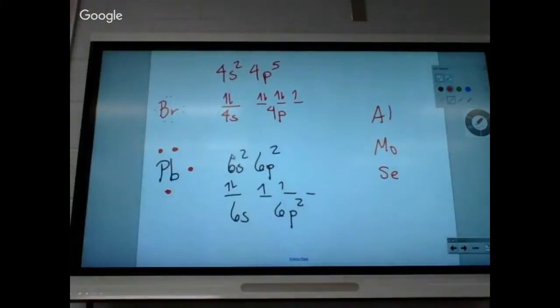But if you did your homework, you already have those. So all you have to do is draw the dot diagrams for something you already did. While I hand out a periodic table.